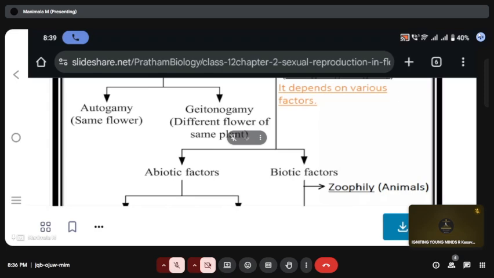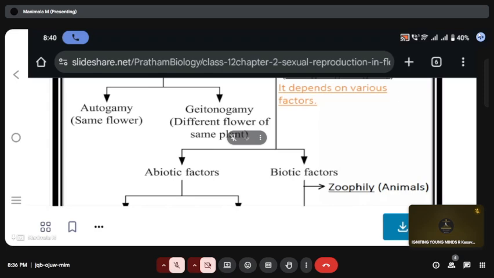Okay, so this type of fusion occurs between bisexual flowers or unisexual flowers of the same plant. Actually, it is genetically equivalent to self pollination only. Almost similar to self pollination. Genetically equal to self pollination. So what is that?